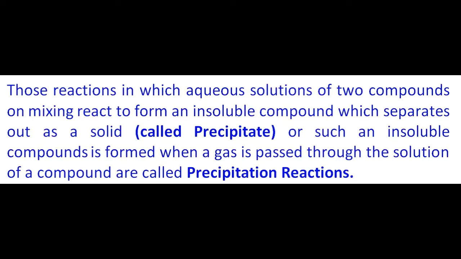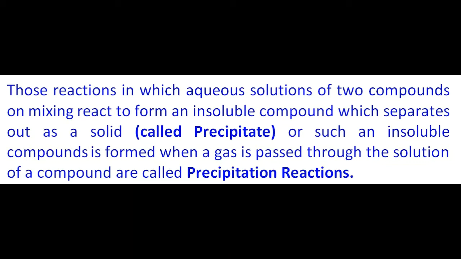Now let's look at it very carefully, because there are two ways of looking at a precipitation reaction. Those reactions in which aqueous solutions of two compounds, on mixing, react to form an insoluble compound which separates out as a solid.